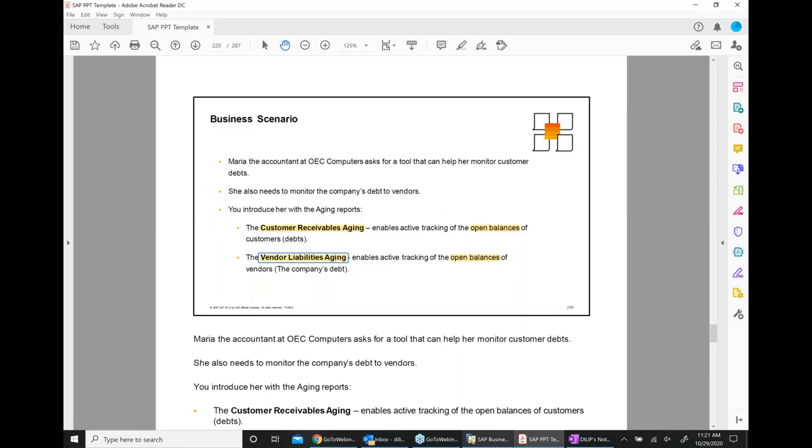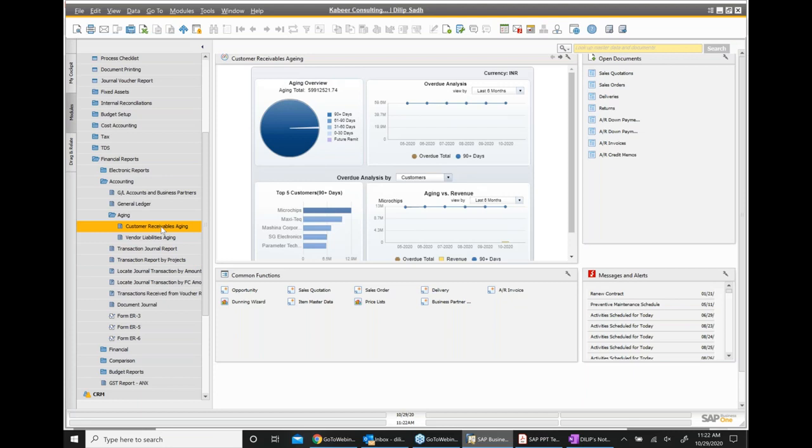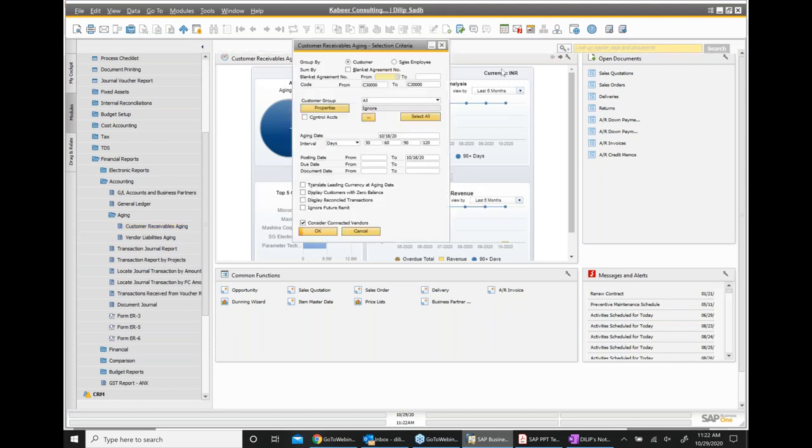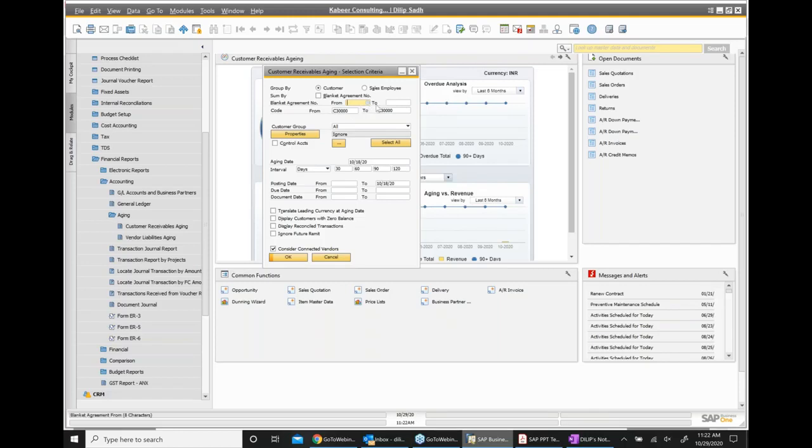So let's look at it. Here we have the customer receivable aging. If I want to see my customer aging, I can select my customer. There is also a blanket agreement.